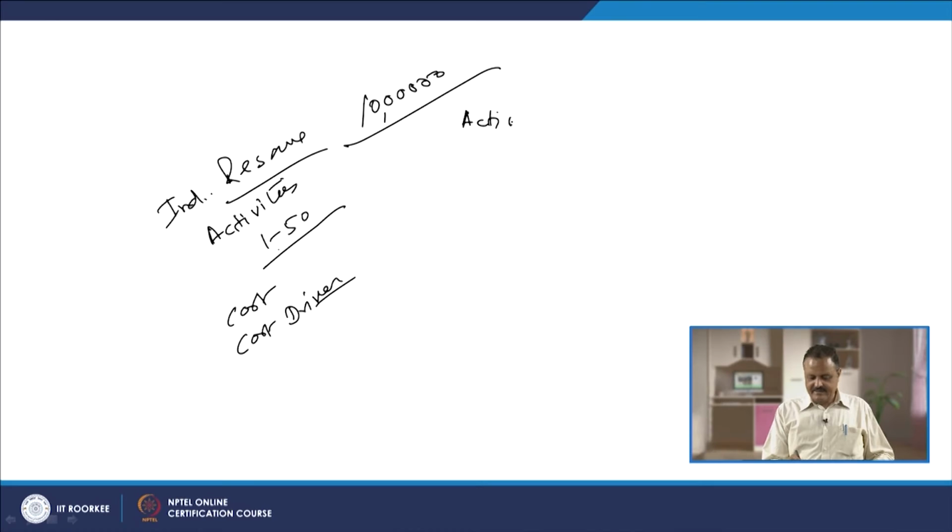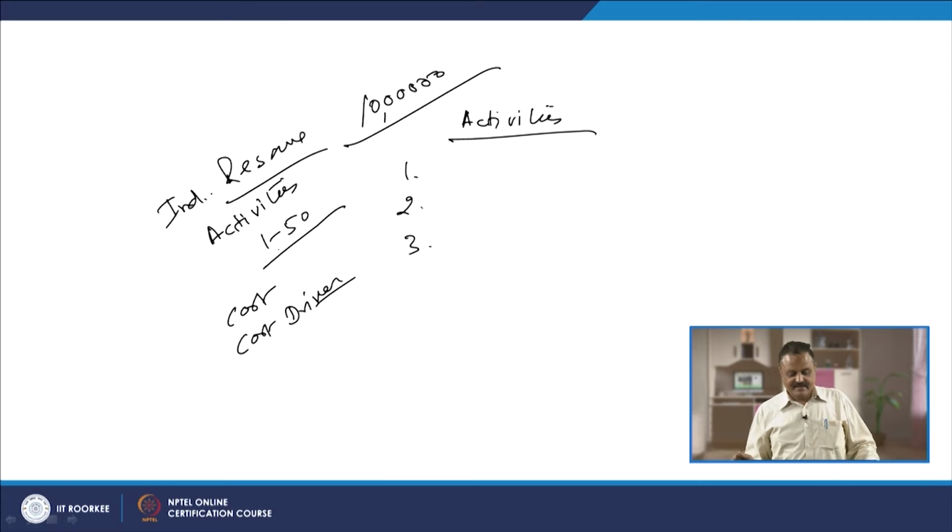Cost drivers basically depend upon the different types of activities. When you talk about the different types of activities identified under activity based costing, there are 3 kinds of activities. First is the unit level activities.